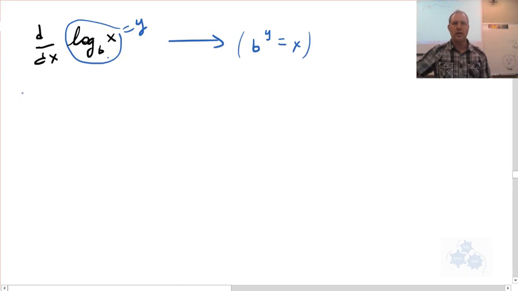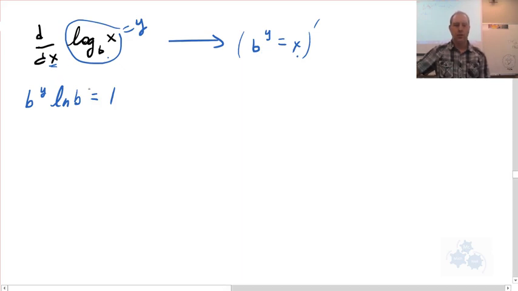The derivative of b to the y is b to the y ln b, and this is 1 over here. The derivative of x is 1 because it's with respect to x. Okay, you with me so far?